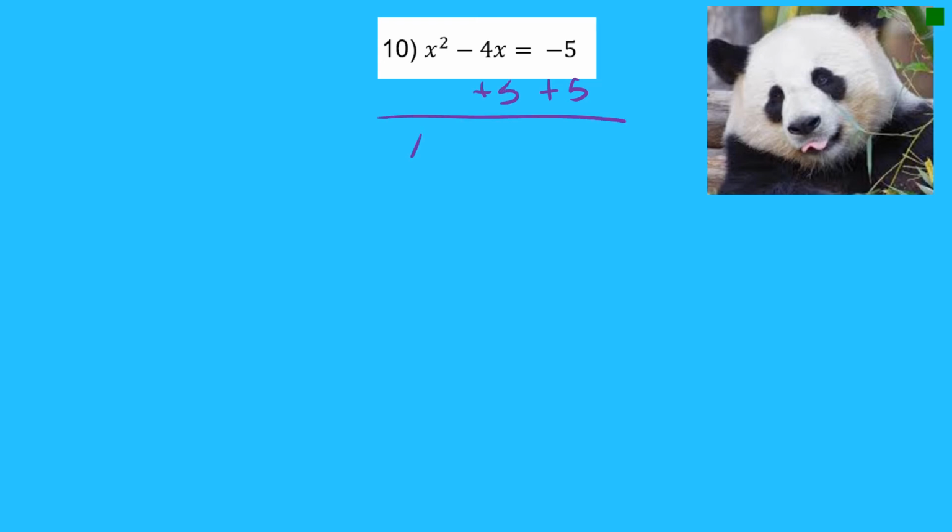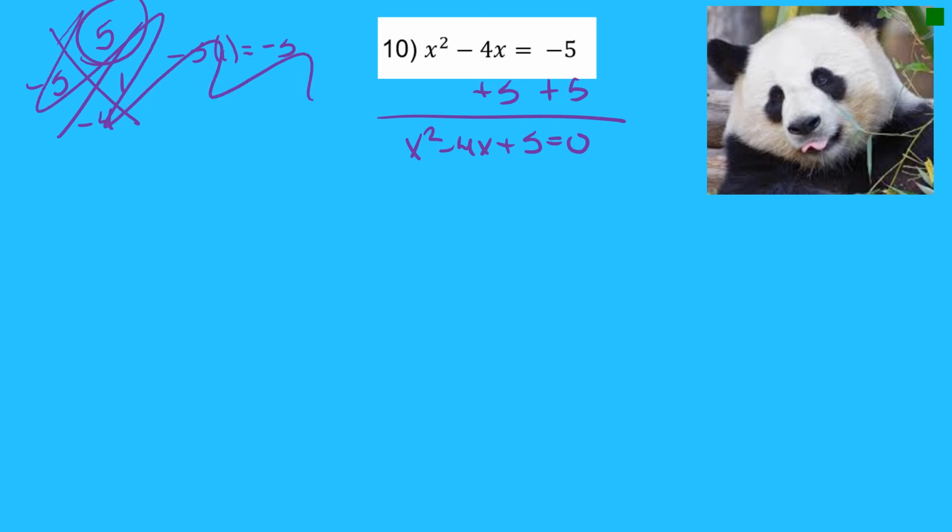So now I have x squared minus 4x plus 5 equals 0. Ooh, are there factors of 5 that add up to -4? You might say, yeah, 5, -5 and 1, but the answer is no, because -5 times 1 gives you -5, not +5. So it doesn't work. Doggone it! So A is 1, B is -4, opposite of B is 4, C is 5.